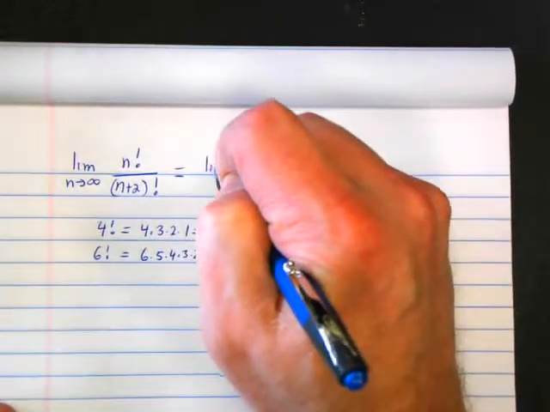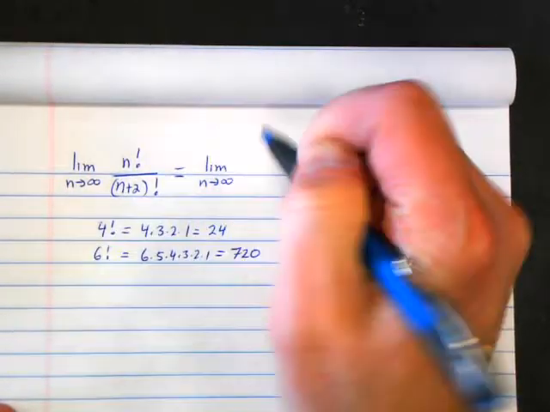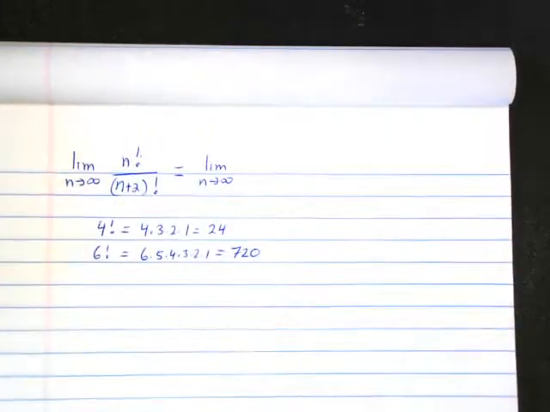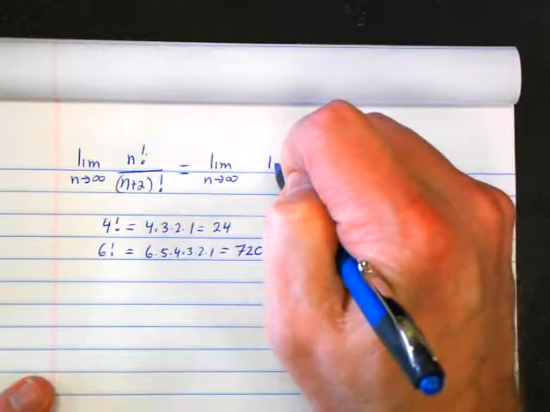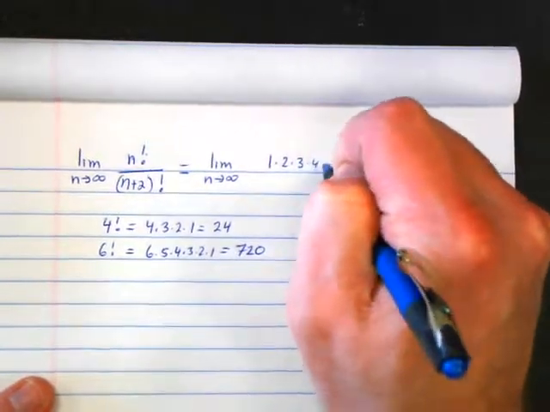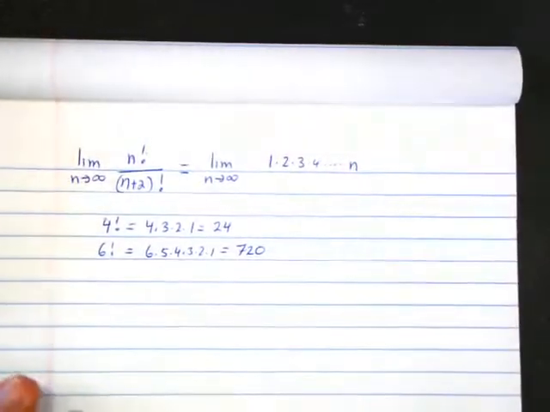This is the limit as n goes to infinity. What does n factorial mean? You take 1 times 2 times 3 all the way up until you get to n, whatever number n is. So this is 1 times 2 times 3 times 4, and I stop when I get to n.